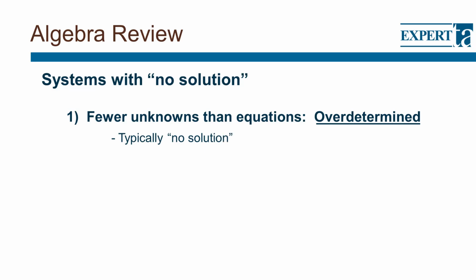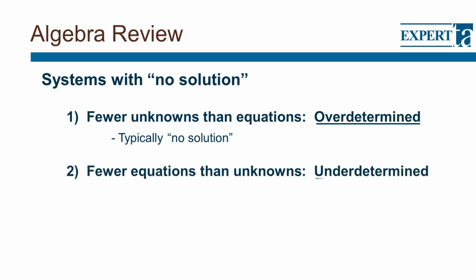You can only find solutions which satisfy some set of them. The other case is if you have fewer equations than unknowns, that is underdetermined. Typically you have solutions, but they are not unique. We will occasionally encounter such cases in physics. I will point them out to you, but we don't need to spend very much time on them. You just need to know what the basic rules are for finding solutions.